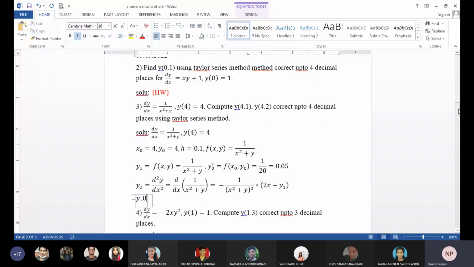So now we have to calculate what is y0 double dash.